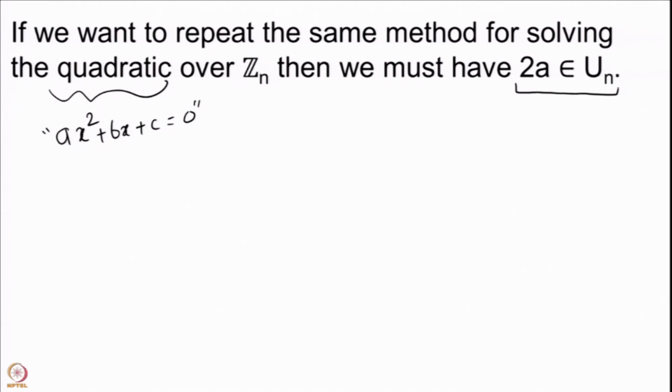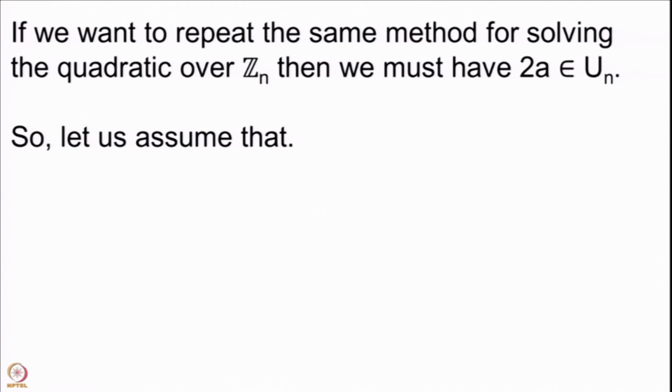If you want to use the same method, the same formula, then we should first of all have that 2a is invertible in modulo n, which means in the language of the GCDs, which is something we have developed in our very first theme, that the GCD of 2a comma n has to be 1. Then n cannot be even, n will have to be an odd element, and further the element a has to be co-prime with n. So, these are the standing assumptions that we have.